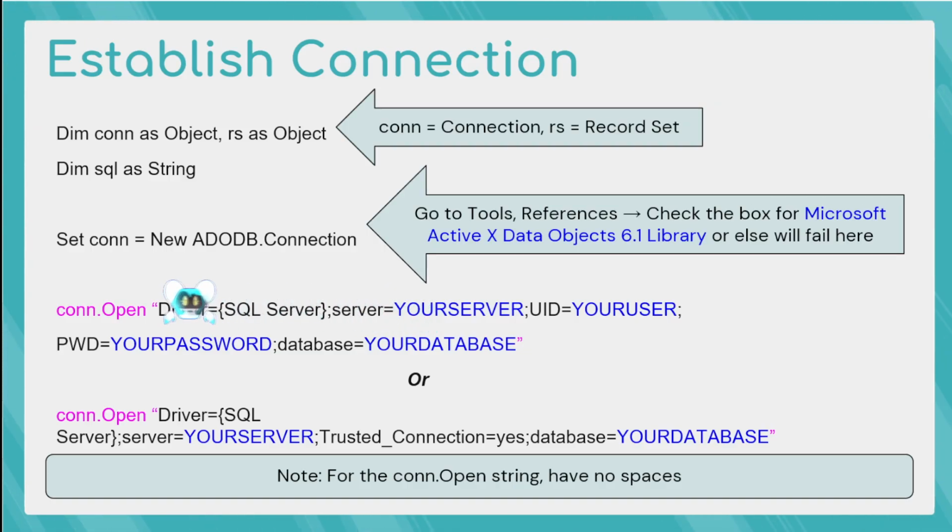This full string is surrounded by quotation marks at the front and at the end. Make sure that you have no spaces while writing out the string. For example, you don't want to have a space after the semicolons or between the equal signs.